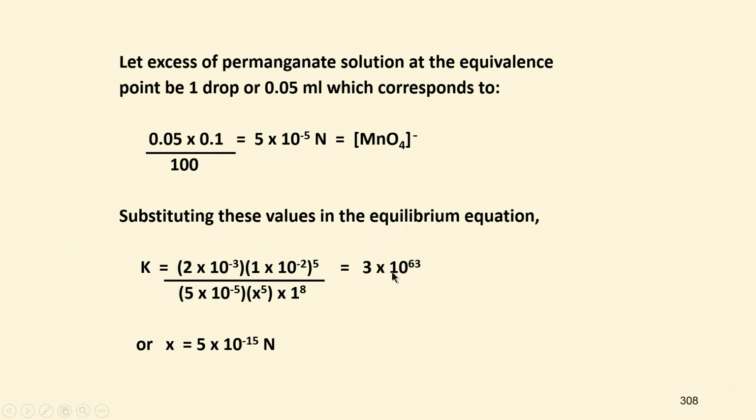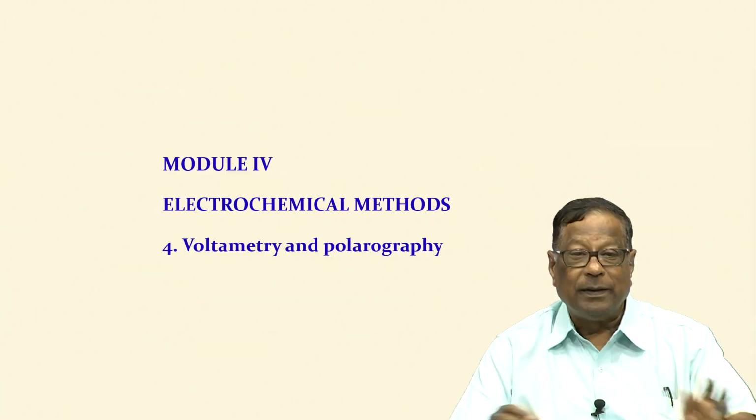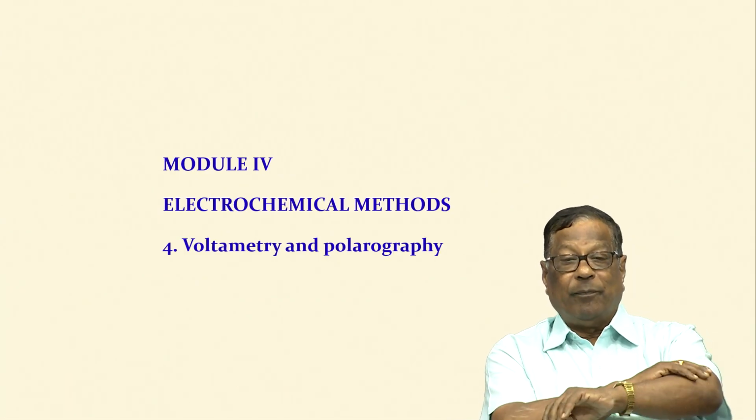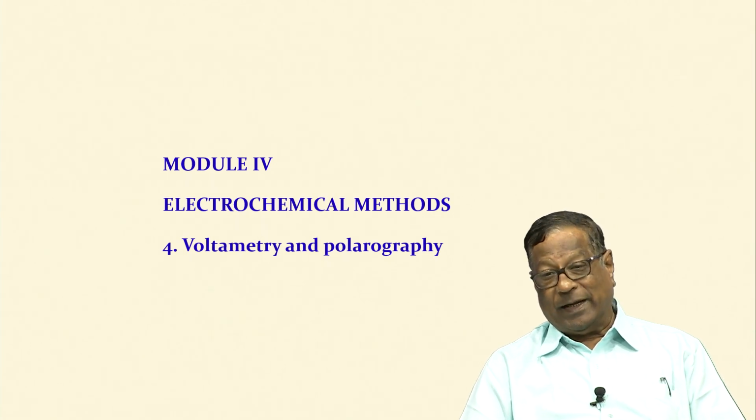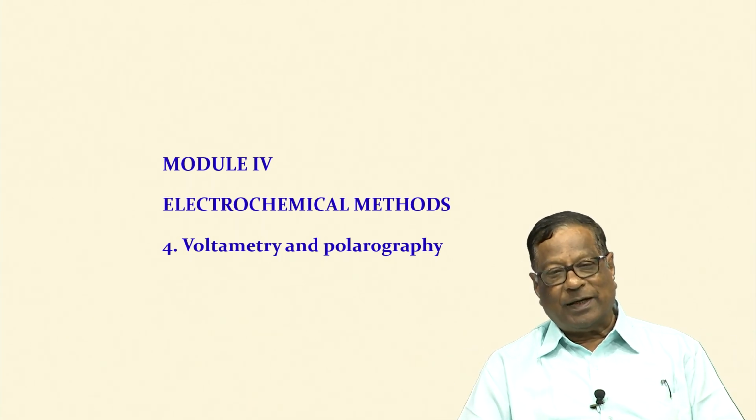With 3 into 10 raised to 63, X should be 5 into 10 raised to minus 15 normal. That means the concentration of X, that is Fe2+, would be 5 into 10 raised to minus 15 normal at the end of the reaction. That means the reaction is virtually complete.